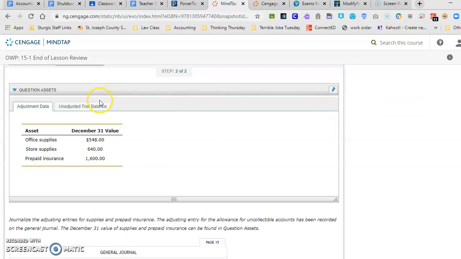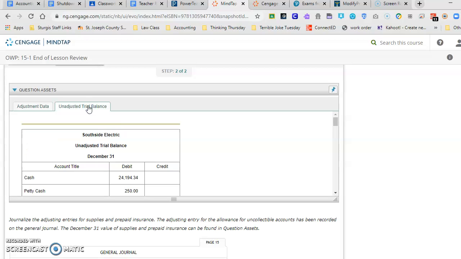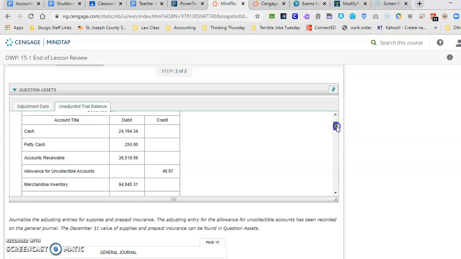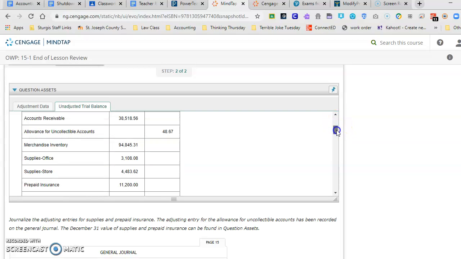Okay. So first of all, you need to look at what your balance is currently saying. So I'm going to go to the unadjusted trial balance tab, and then I'm going to write down these three amounts. So office supplies, I have $3,108.08.